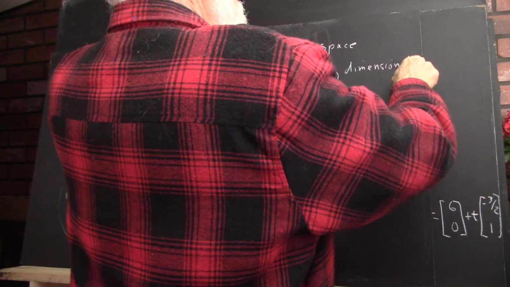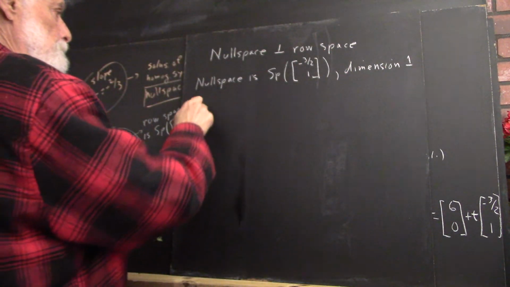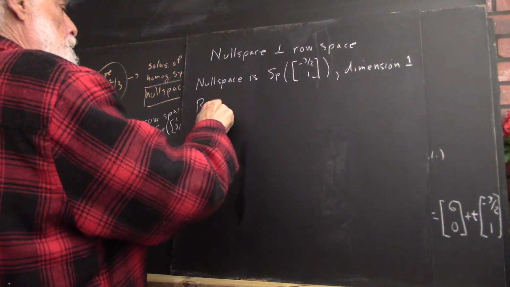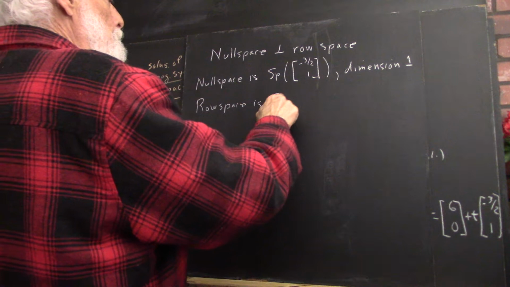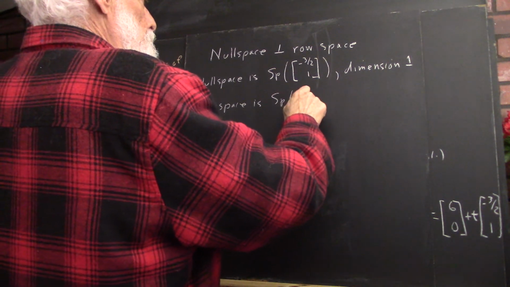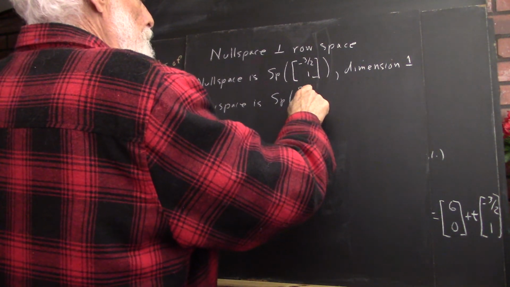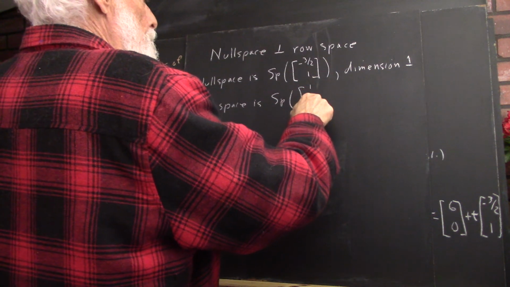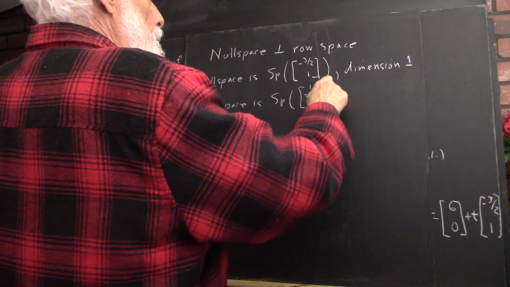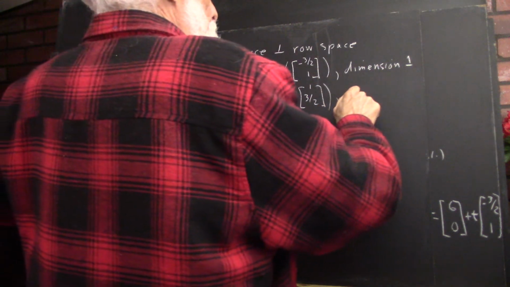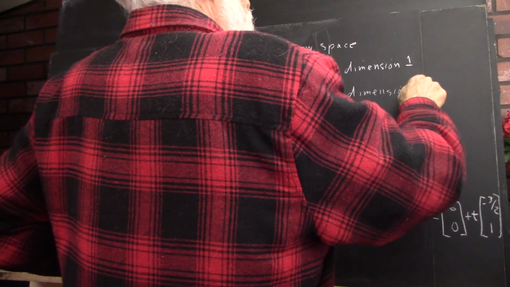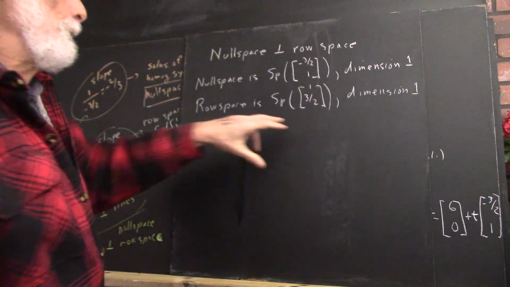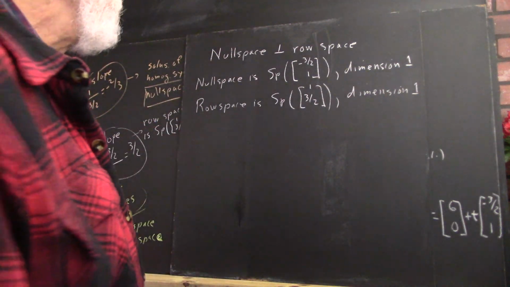Its dimension is 1. Row space has dimension 1.